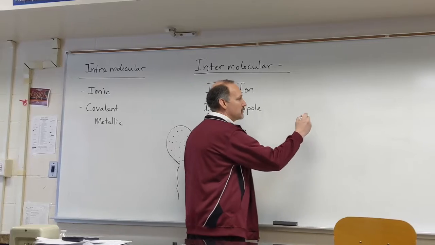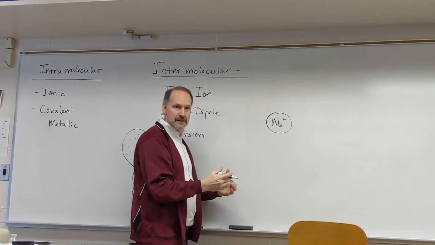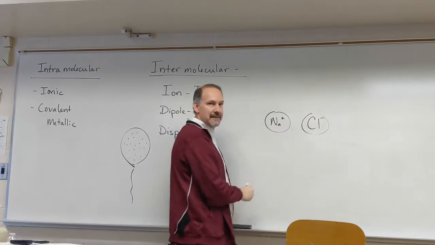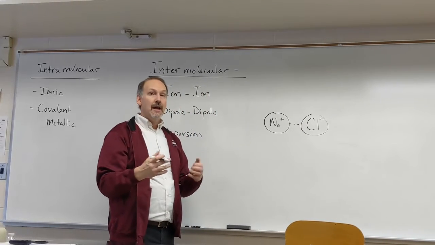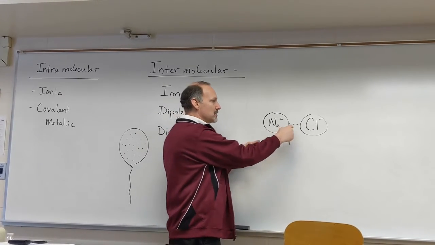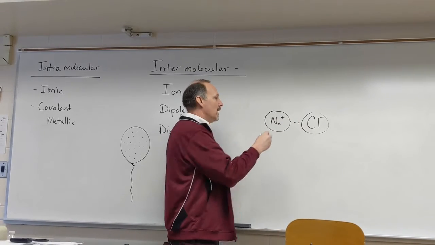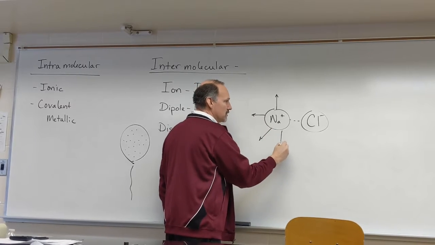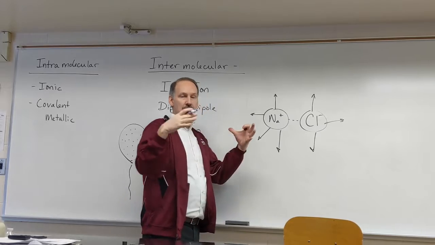If you think about sodium chloride, sodium gives away electrons and is positive. Chlorine is negative, it takes on the electron, and they attract, and that is called an ionic bond. But the ions don't just give off an energy field that goes in one direction or to one atom. Sodium gives off charges in all directions, and so does the chlorine. And so what they're doing is they're actually reaching out into space.